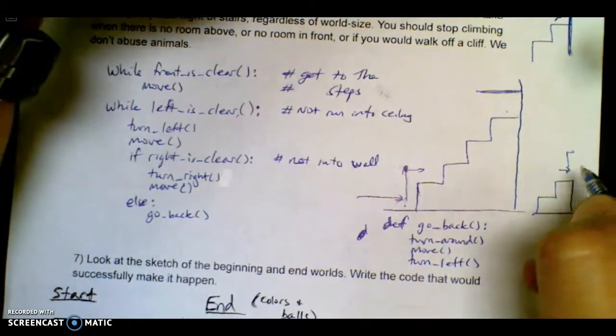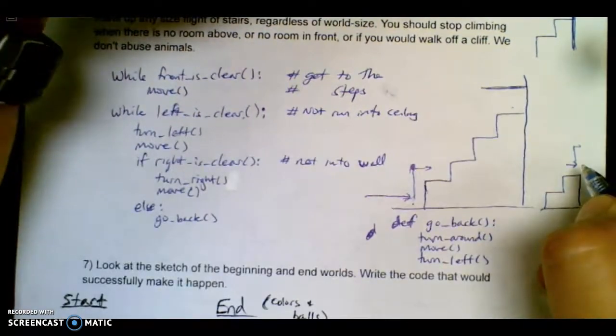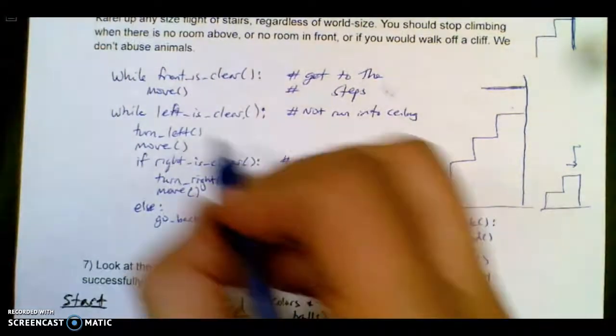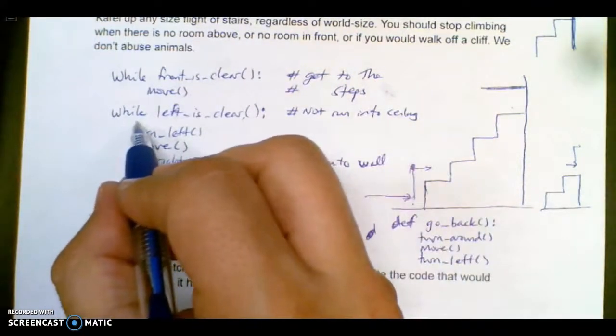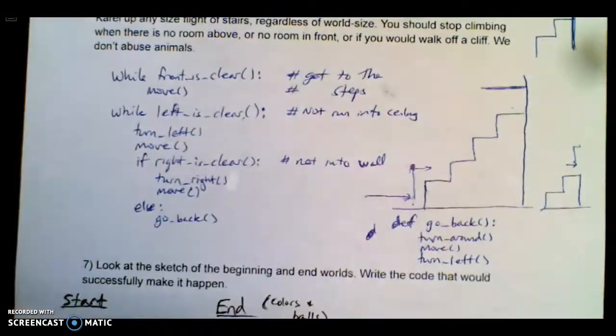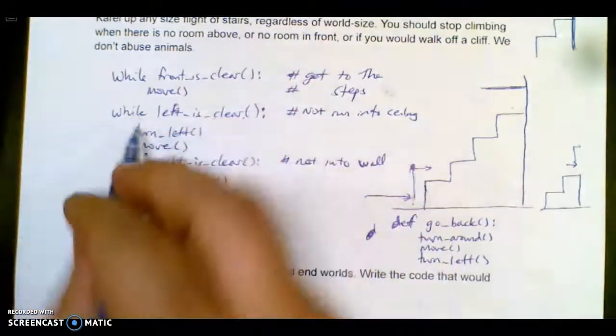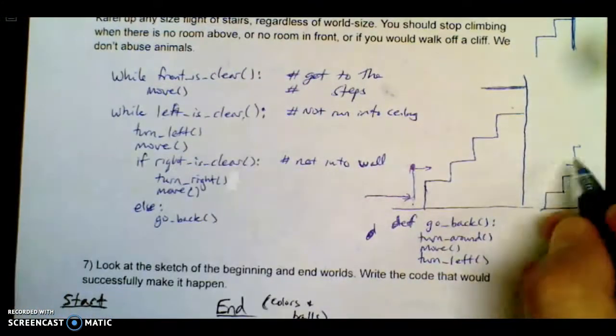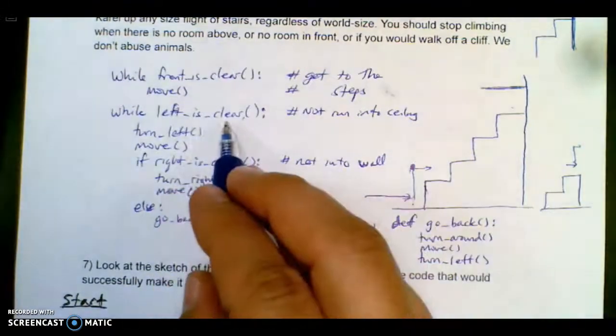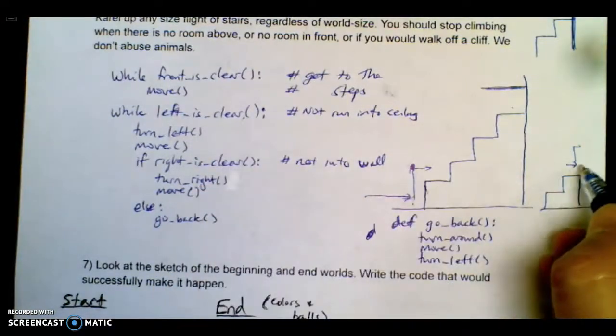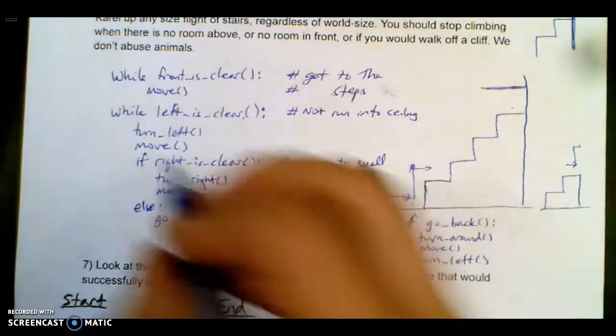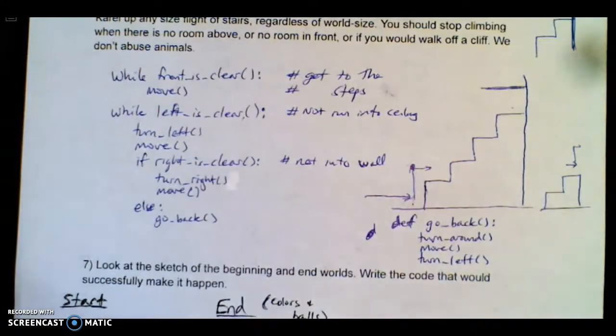I guess I need to squeeze something in right here. I should write a function that checks the right. So if above me is clear, I should also check if in front of me is clear. Alright, so I'll write that in a separate one, come back so I have time to do the last one.